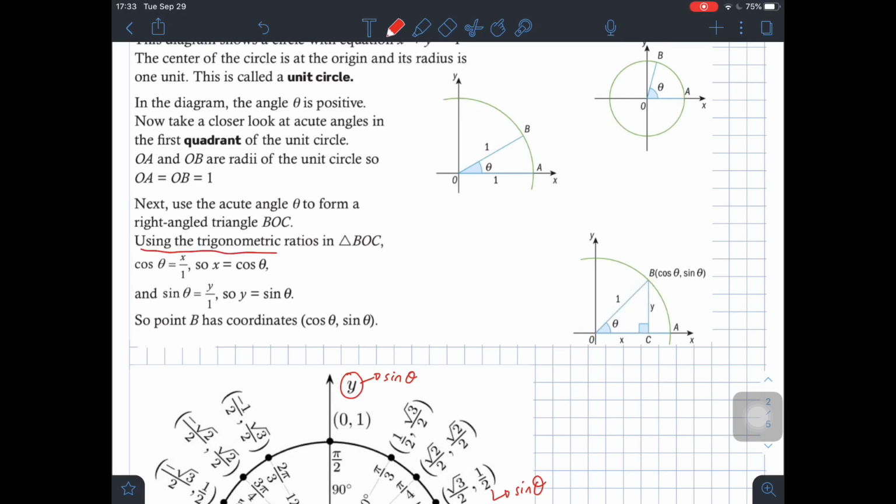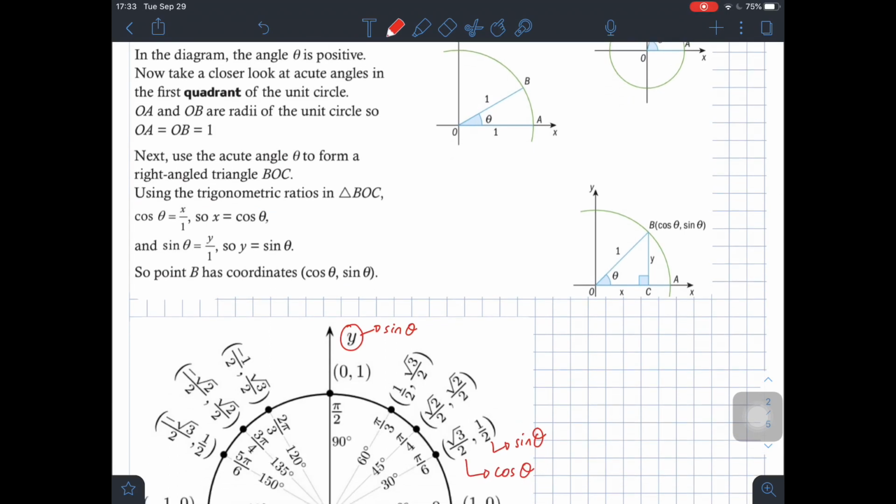Then it says, using the trigonometric ratios in triangle BOC, we would see that, for example, cosine, using SOHCAHTOA. Remember SOHCAHTOA? If we find cosine of the angle, we would see that cosine is adjacent over hypotenuse. The adjacent side is x, and the hypotenuse is 1.